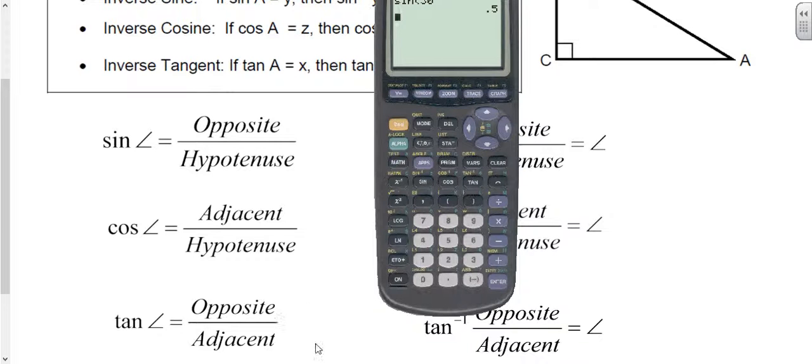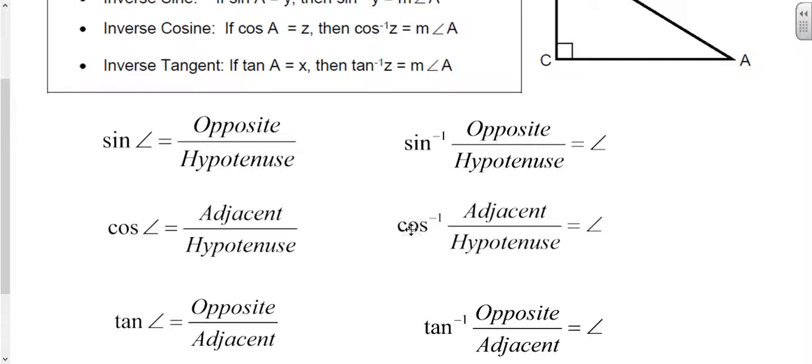The input was the angle, the output was the ratio as a fraction or a decimal. Now what's different is that with the inverses, the input and the output switch. For the inverse sine, the input is the ratio of sides as a fraction or a decimal. We usually set them as these fractions, the side opposite over the hypotenuse. If I put that into the inverse sine function, what it outputs is the measure of the angle.